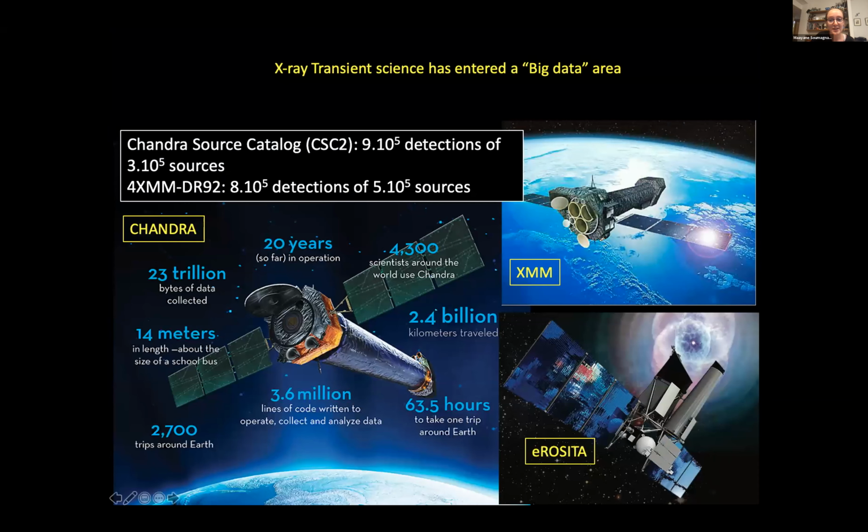So X-ray transient astronomy, as you know, is following a similar evolution with a growing amount of data accumulating, almost 1 million detections from more than 20 years of operations of both Chandra and the XMM telescope, and the eROSITA all-sky survey down the corner. And this has changed the way that we work and discover transients.